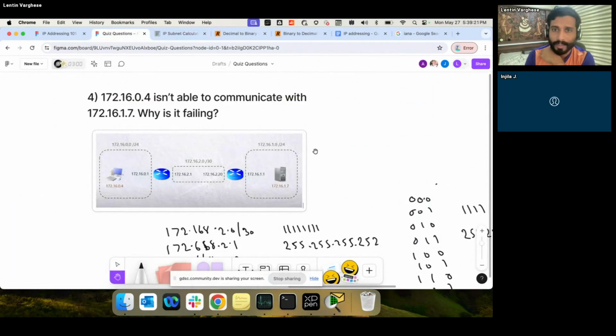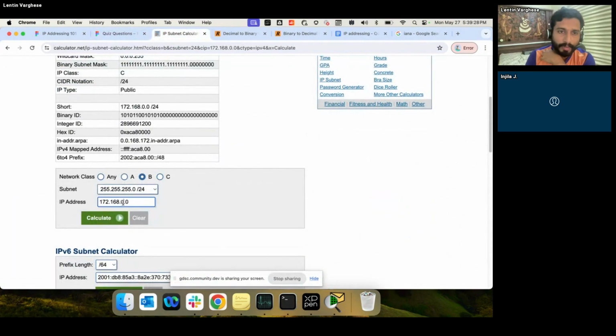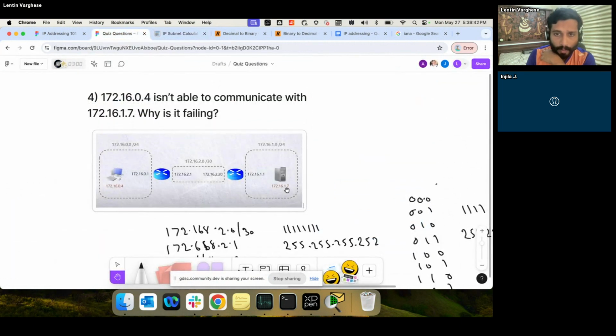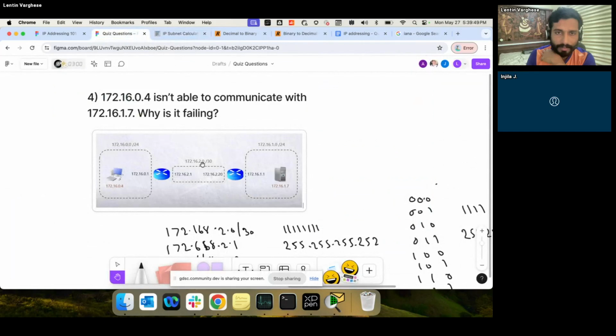That's fine. Great. Now, on the other side, this specific network is 1.0, again /24, right? It has a starting IP address of 1.1 and an end address of 1.254. Now 1.1 and 1.7 both fall into this block, hence both can communicate with each other. Now there is another network which is between these two devices.